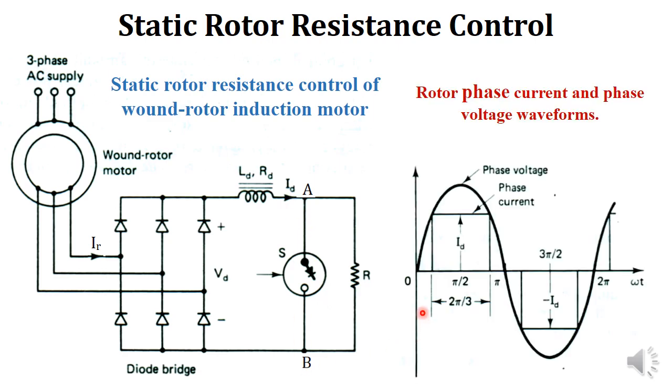And these are the rotor phase current and phase voltage waveforms. The rotor phase voltage means the voltage induced in the rotor circuit, the rotor induced EMF. This is the waveform of the rotor induced EMF, and this is the waveform of the rotor current, and the magnitude of this current is ID.